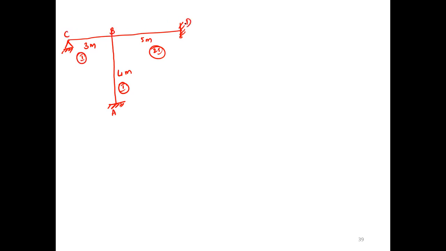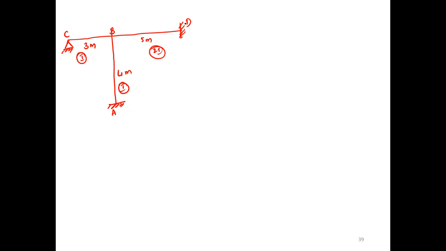Now see, which is the end support, and which are intermediate? First tell me what are end spans? All are end spans only. Which one is simply supported? C. C, sir. BC or CB is simply supported.